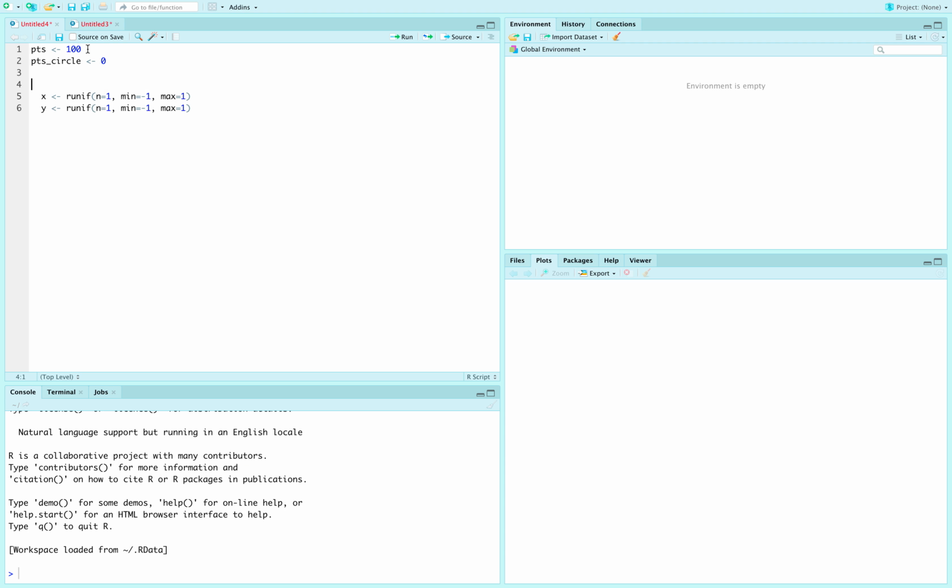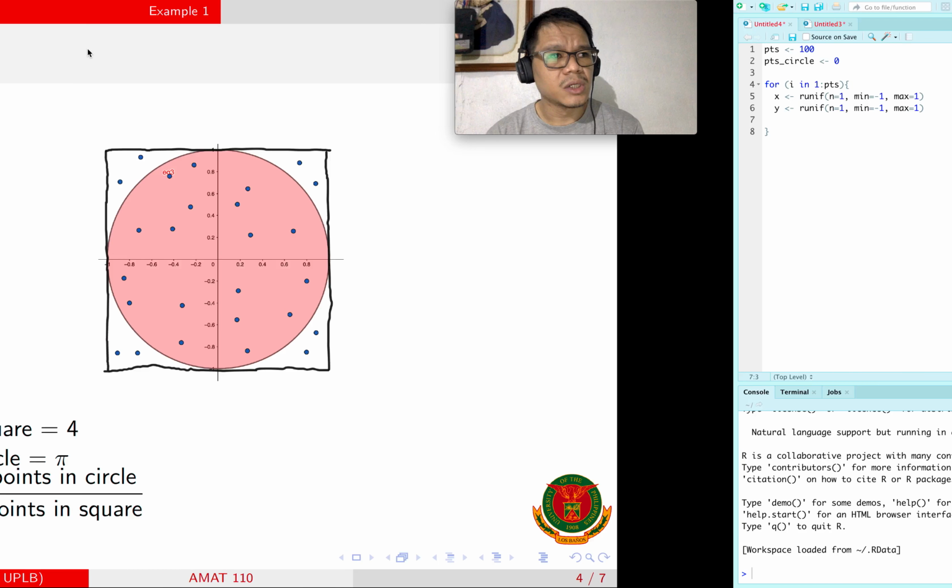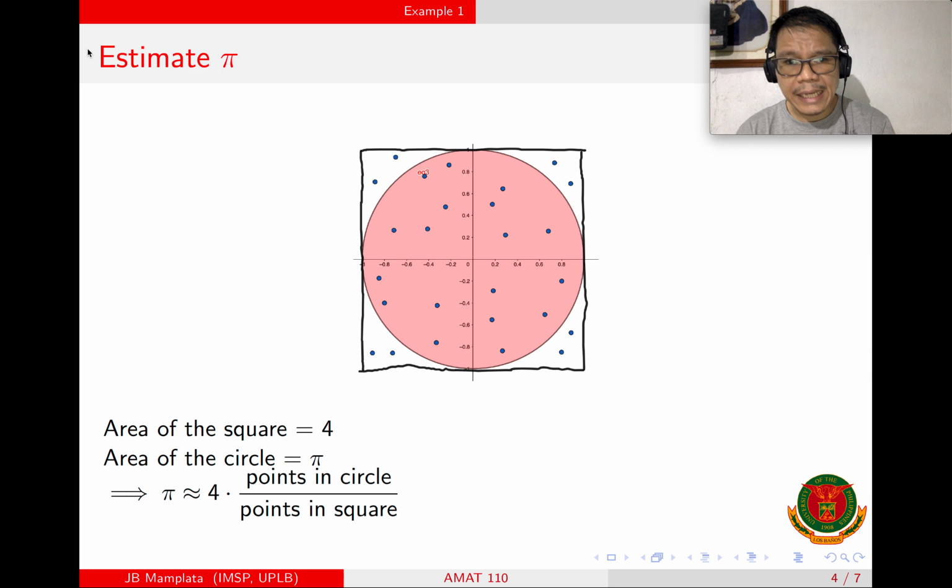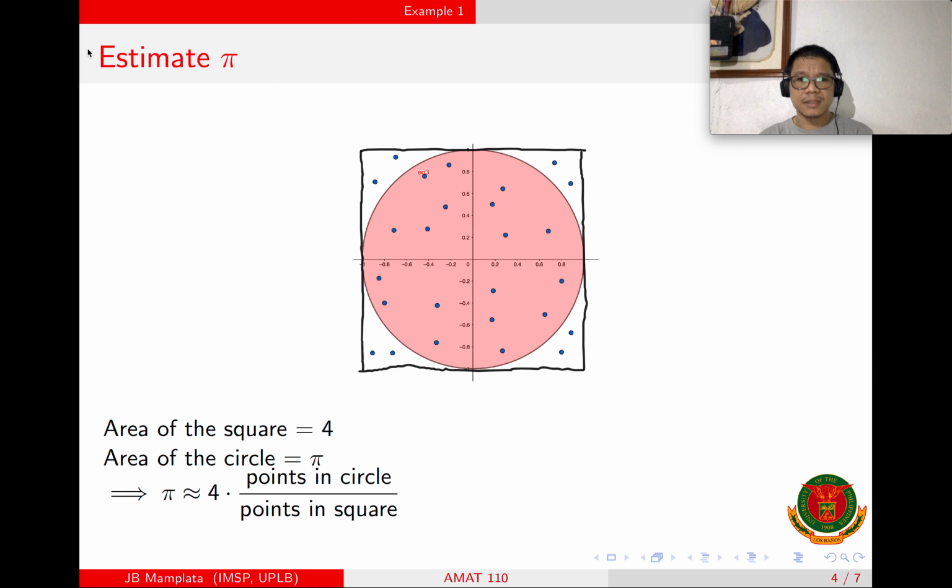Okay? But in this case, of course, kailangan natin ng loop. So, it should be for i in 1 to the total number of points. Okay? At dito sa loob ng loop na ito, bibilangin natin ngayon kung ilan sa mga points na to yung pumasok sa loob ng circle.